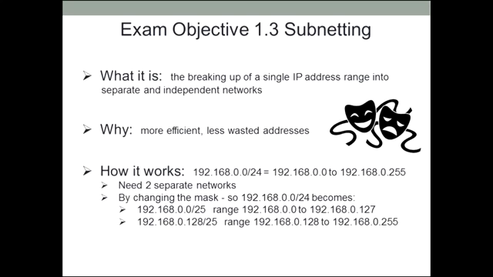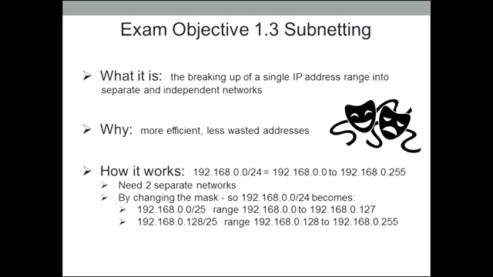The other half of the network becomes 192.168.0.128 /25. And its address range is 192.168.0.128 through 192.168.0.255. That's the way it's explained, and now I've got to tell you something that you should be aware of.